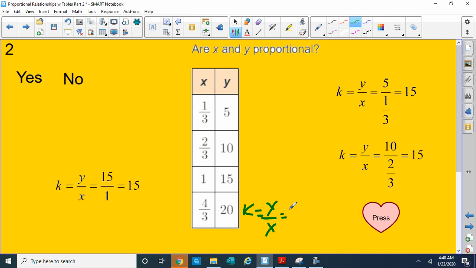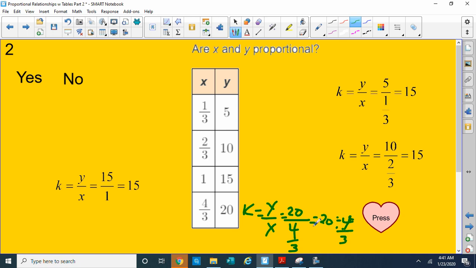So Y is 20, and over 4/3. So that'll equal 20 divided by 4/3.